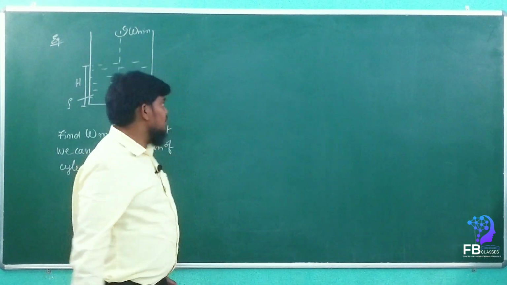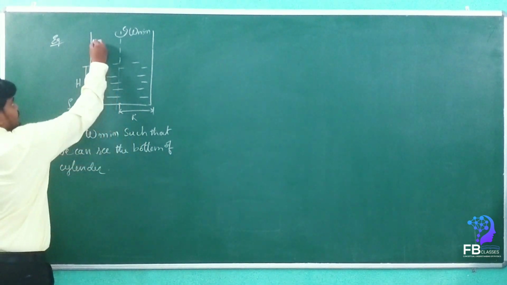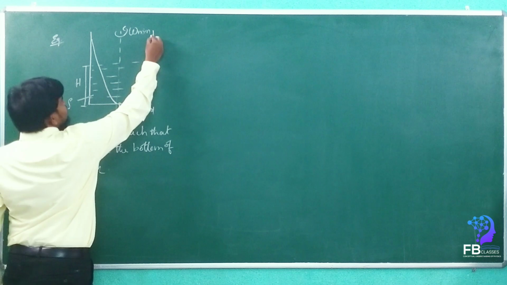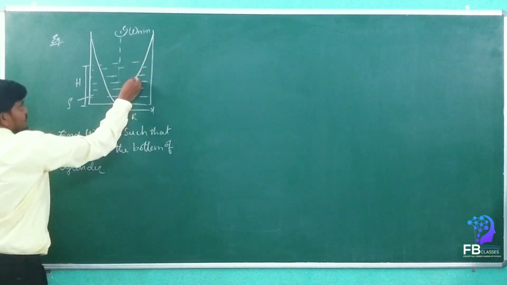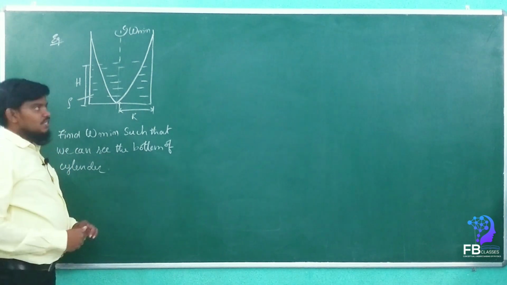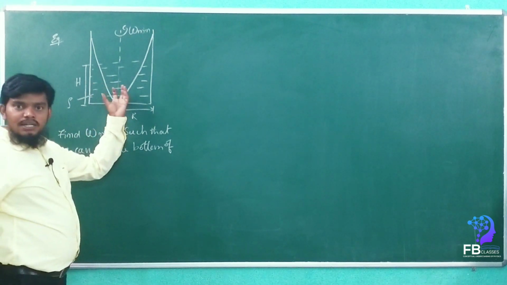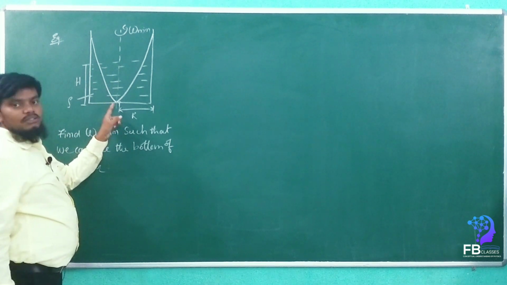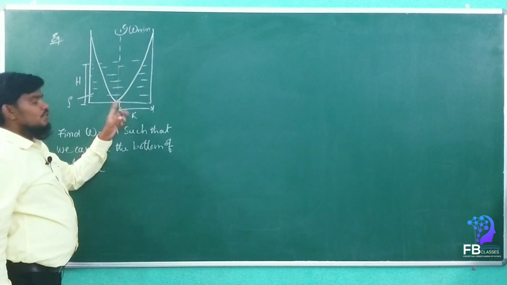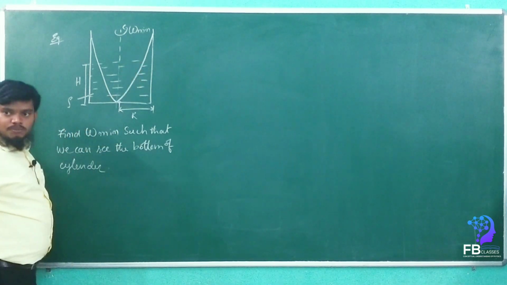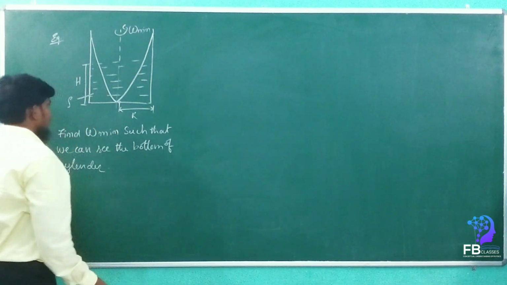See my dears, what final situation will come? The final situation will come like this. Once we rotate this total liquid with omega such that the bottom of the cylinder appears, the final situation is this. Yes or no? We know that very well, my dears.